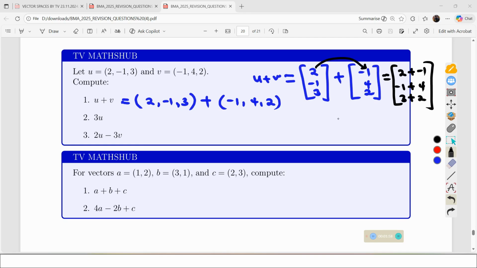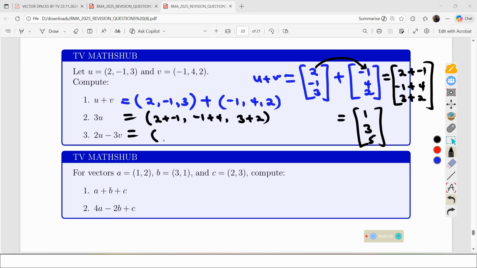So this will give us 2 minus 1, that is 1. This will be 3, and this will be 5. So we shall get 1, 3, and 5. Otherwise you can also maintain it in this way. You will add 2 with -1, you will add -1 with 4, you will add 3 with 2, and this still will give you 1, 3, 5 as your answer for u plus v.